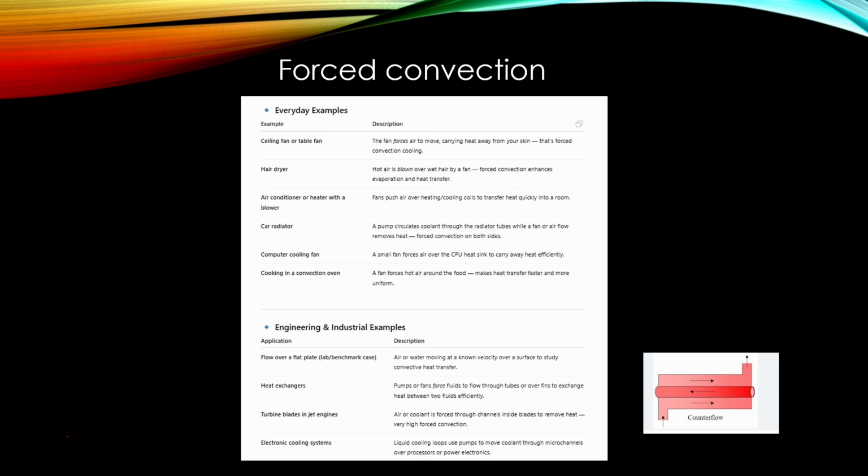A very important application of forced convection in engineering is flow over a flat plate. That's because in that case it's quite easy to measure the temperatures and velocities above the plate. Our next topic in this video is that we will learn how we can calculate the heat transfer from a plate.